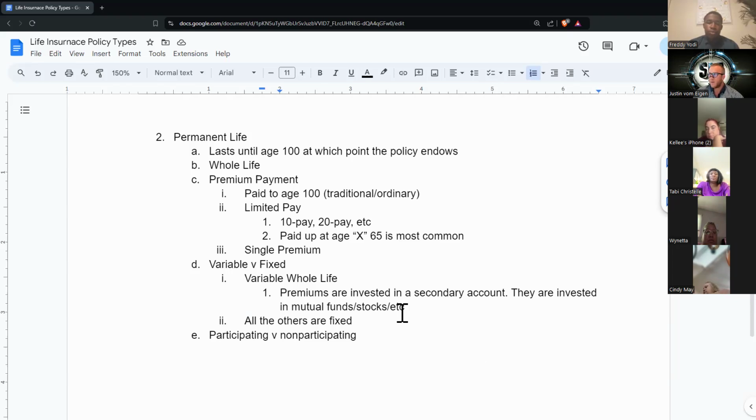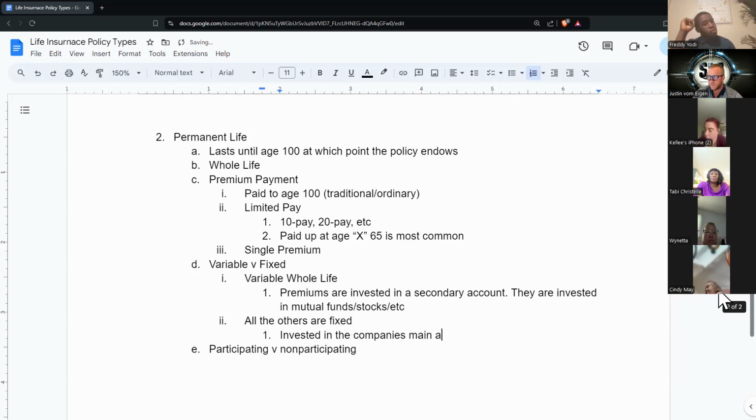Okay. Now, the fixed whole life is invested in the company's main account, or they call it the general account. So these are less aggressive investments that the insurance company invests people's premiums in.